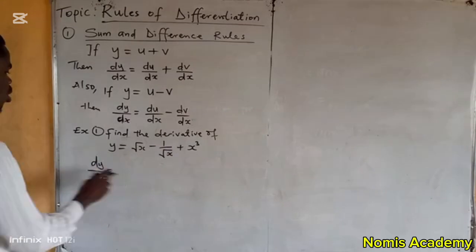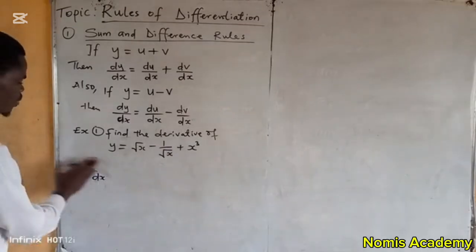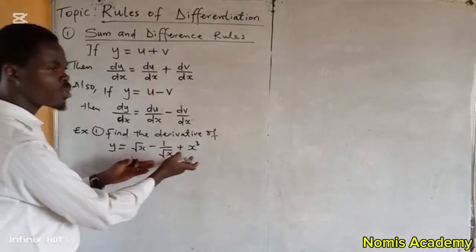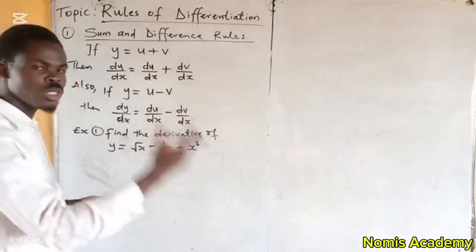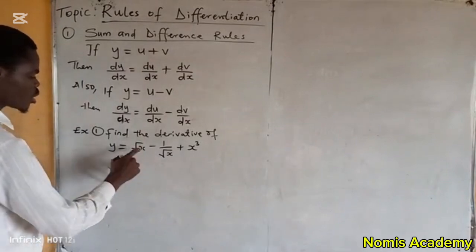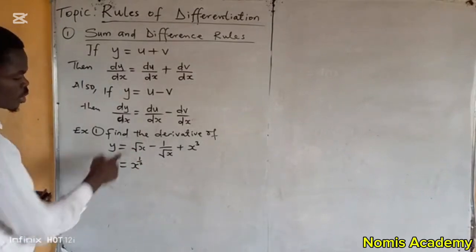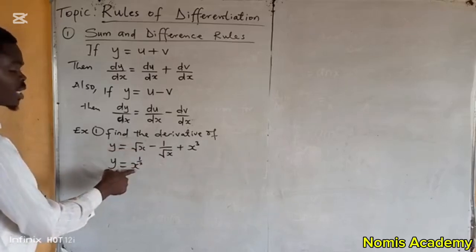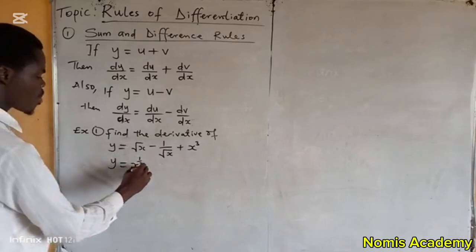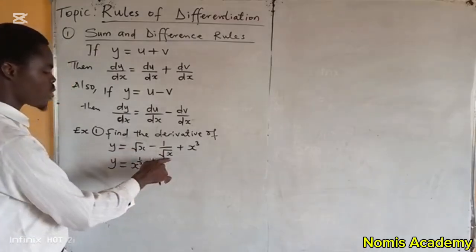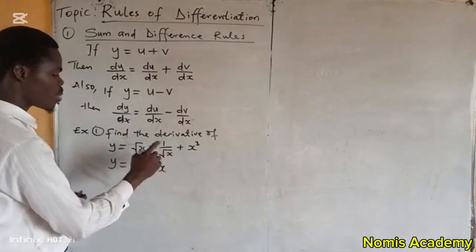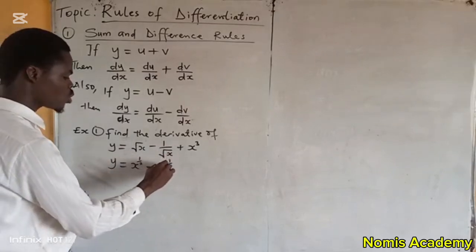Before we start looking for the derivative, we need to write this in index form, to write it in the proper form so that it will be very easy to differentiate. So we have y equal to x raised to the power of half, since the square root of x is written in index form as x raised to the power of half, minus 1 over square root of x, which in index form is written as x raised to the power of minus 1 over 2.